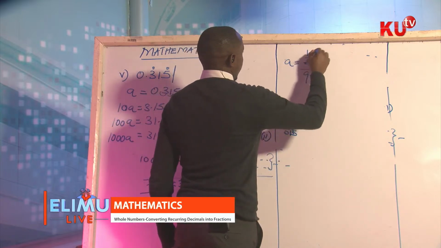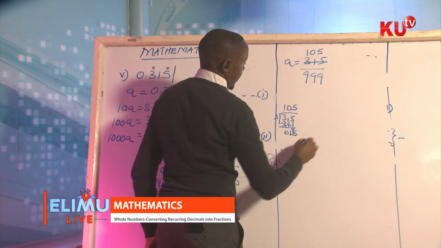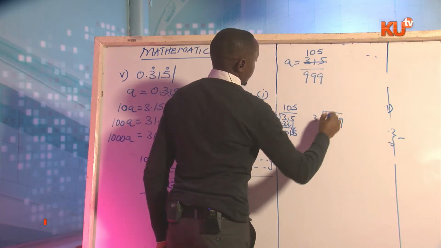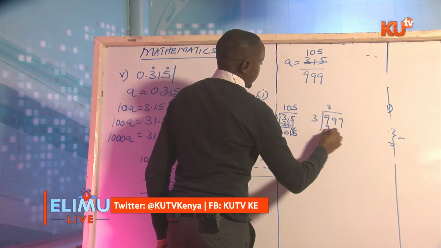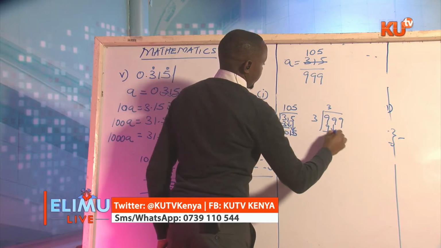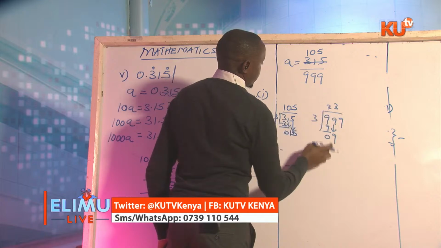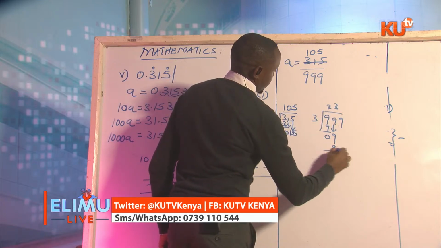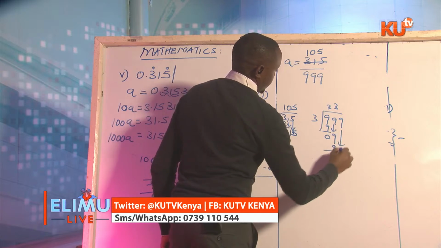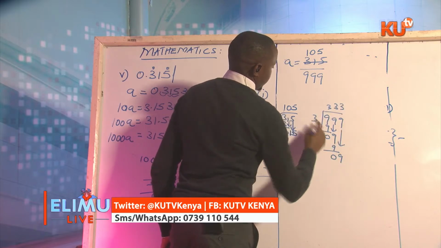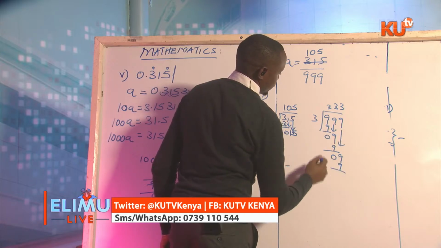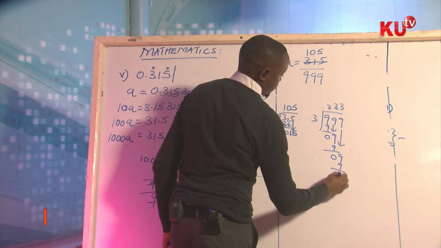So this is 105. 999 on the other side divided by 3 will be 3 because of 9. Remember 0, drop 9. Again, 3 will get into 9 3 times. When you subtract to get 0, drop 9, 3 will get into 9 3 times. So you're left with 0.